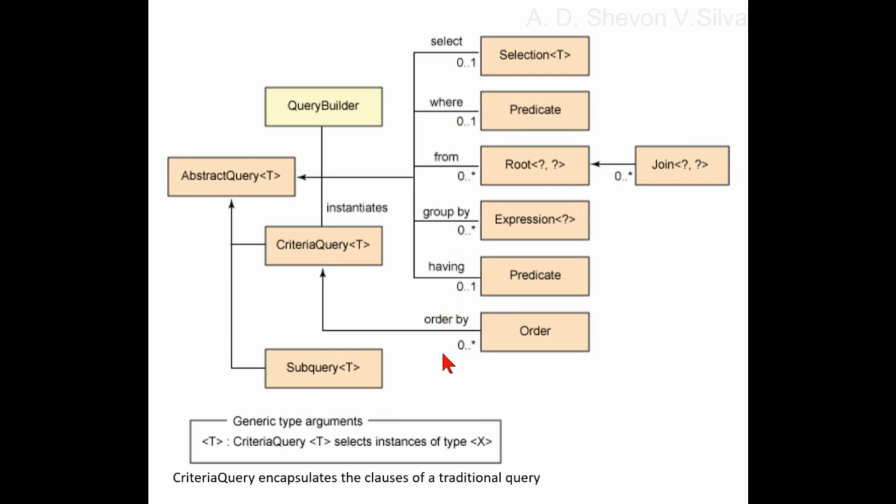Criteria query is a tree of query expression nodes that are used to specify query clauses, from, where, order by, in a traditional string-based query language. This figure shows the clauses related to a query.